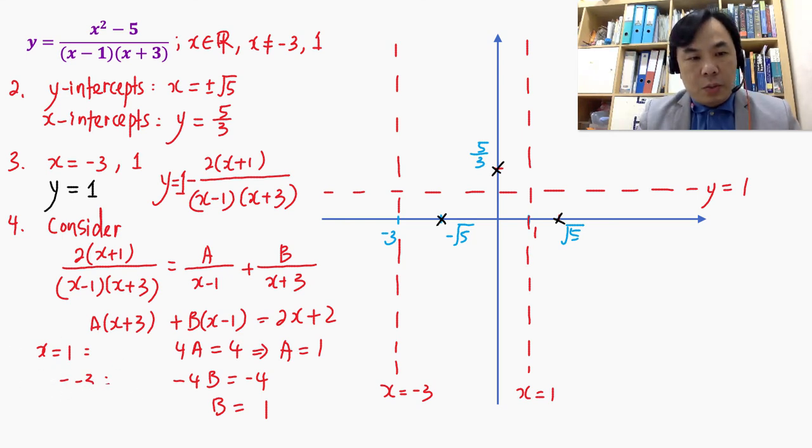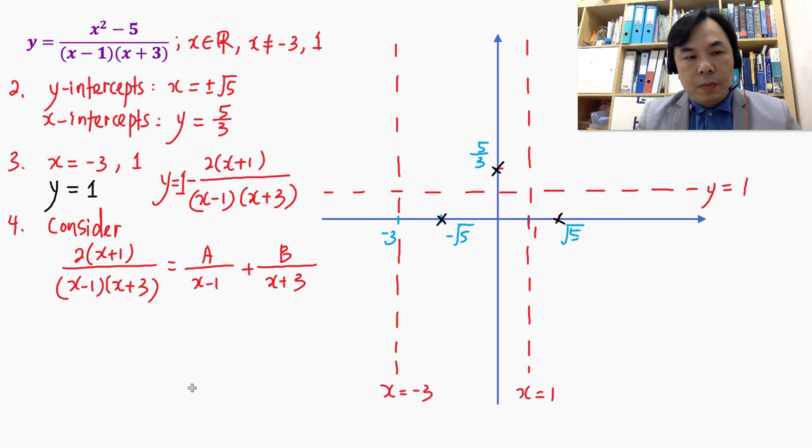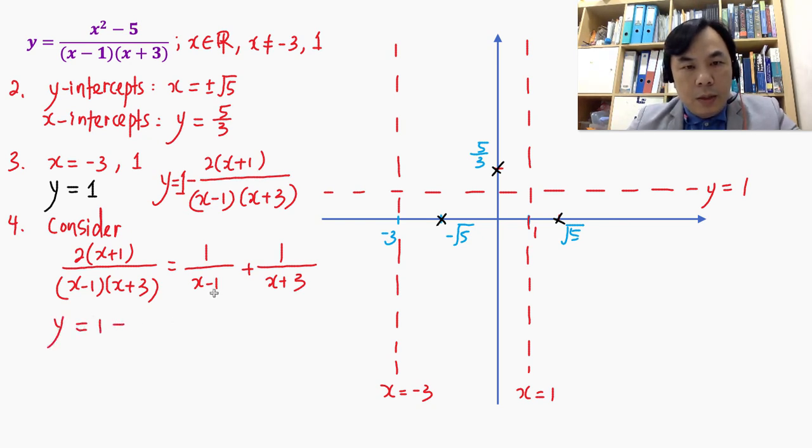I'm just going to put back all this partial fraction properly. Hold on. Because they are all 1. So this is 1, this is 1. Okay. Right.